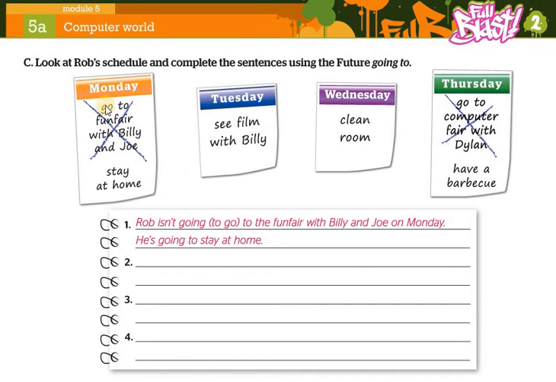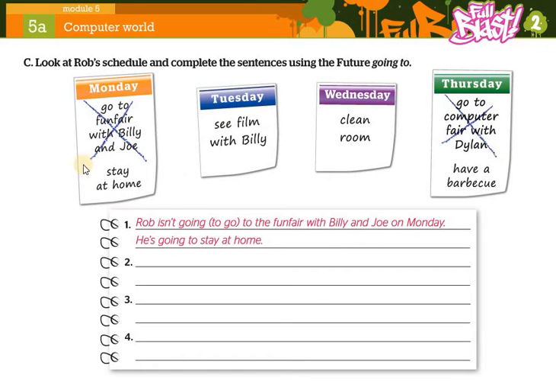So you are going to make it in the future going to. Simply, Rob isn't going to go to the fun fair with Billy and Joe on Monday.